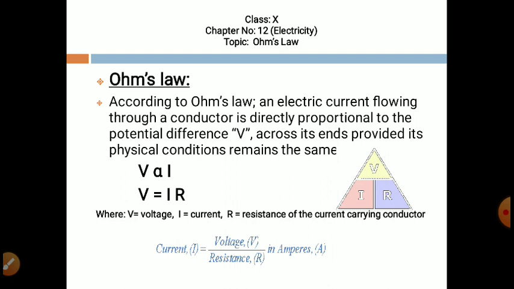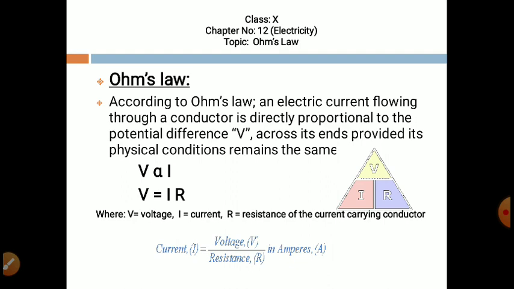So from here you can say that V is directly proportional to I, and if we remove the sign of proportionality, then we have to introduce constant of proportionality, and the formula becomes V is equal to IR, where R is constant of proportionality, which is also known as resistance of the circuit. Here V is voltage, I is current flowing through the circuit, R is resistance of this circuit.